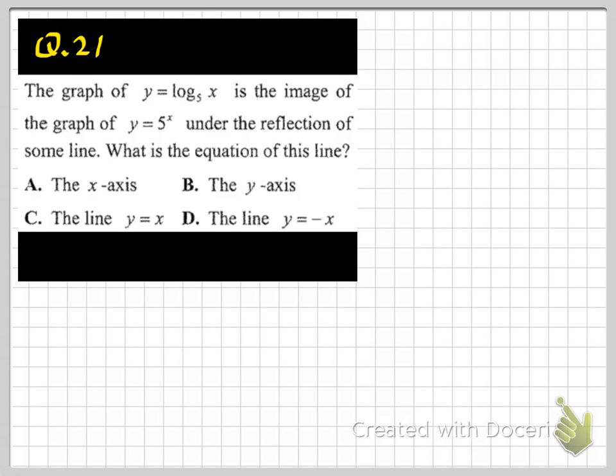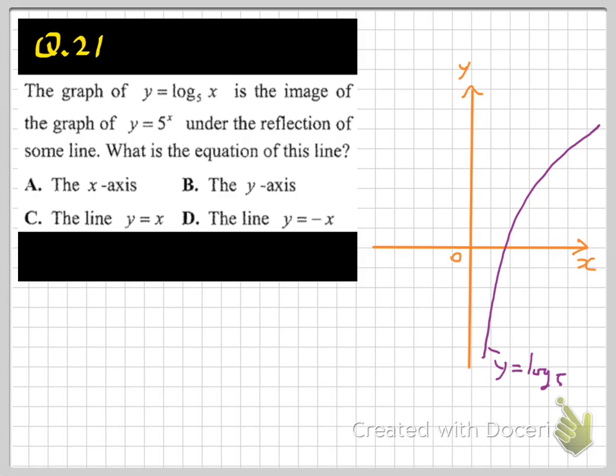Now the last question here is about the graph. So let's draw the graph of log base 5 of x. And the intercept here is that x is 1, y is 0. Now as for the other one, y equals 5 to the x, it will have an intercept where x is 0, y is 1, and this is an exponential increasing function.